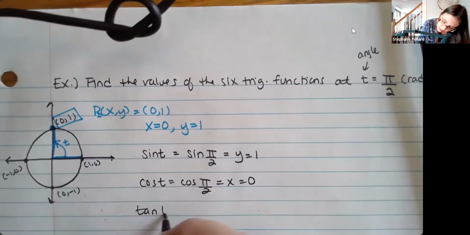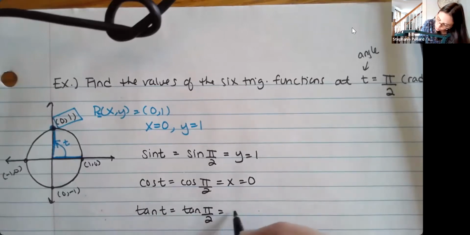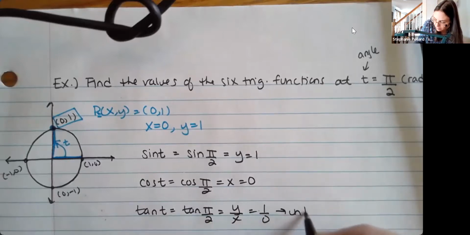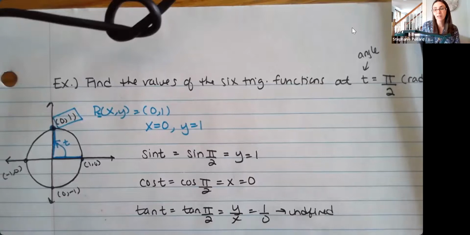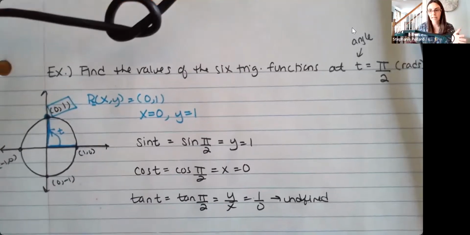And tangent of t, or in this case, tangent of specifically pi over 2, is y over x, which is 1 over 0. Now, this is undefined, right? We cannot divide by 0. So in this case, tangent doesn't exist. You can't have tangent of pi over 2. So at this specific point, again, there's other angles that we can look at, of course, but at this one angle, tangent does not exist there.